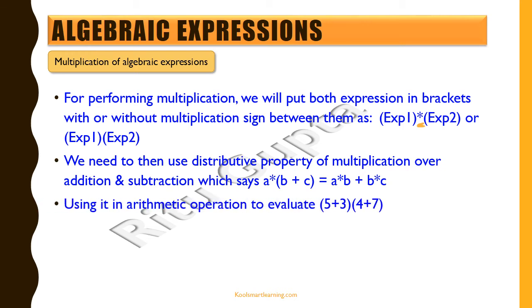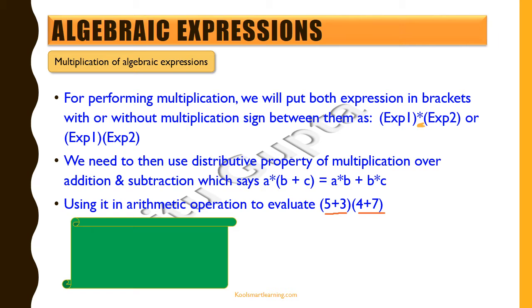Now, first of all, we'll see how we do that in an arithmetic operation. So if we have an arithmetic operation of the type 5 plus 3 into 4 plus 7, these are the two numbers to be multiplied, but the numbers are in the form of addition of two numbers. So now let's see what we'll do for that.